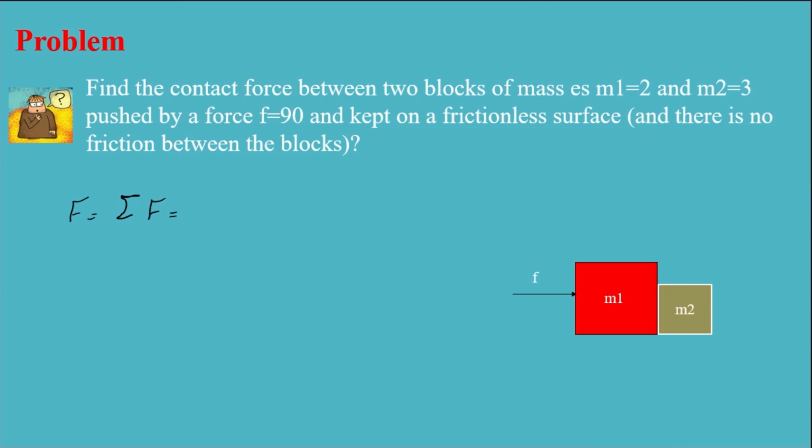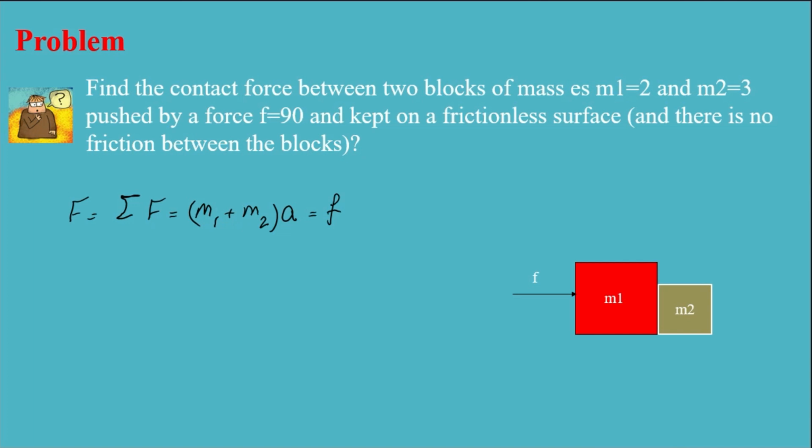Since the two blocks are attached to each other, they're going to move together, right? So my total F is going to be m1 plus m2 times acceleration, right? As I said, they're going to move together. So my total force is going to be equal to little f here, right?